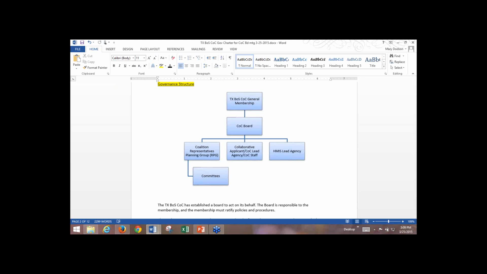And one thing you may notice that's different from the governance structure we work under right now is that THN doesn't have a place on that board.